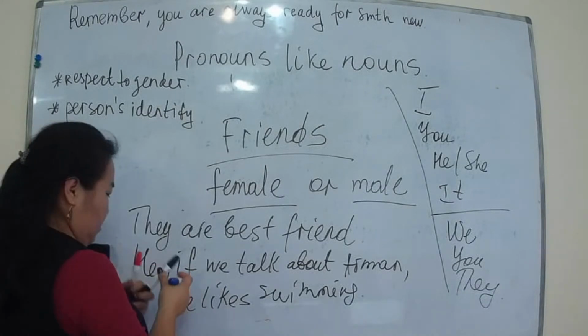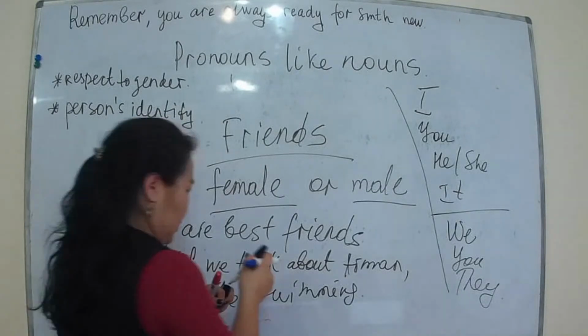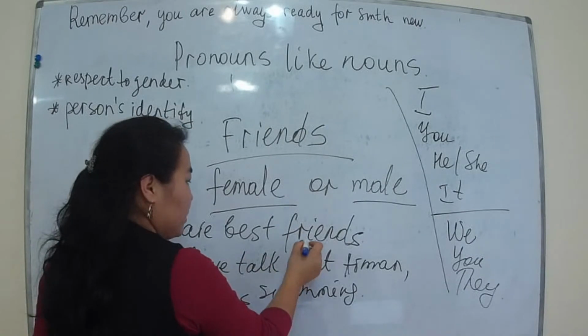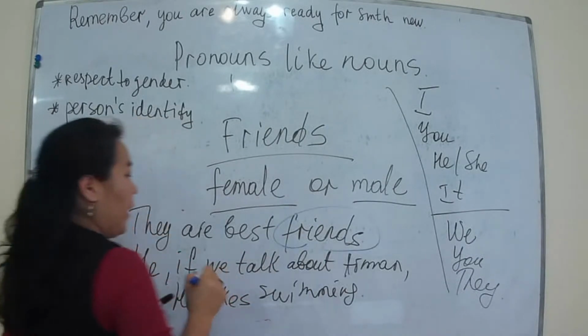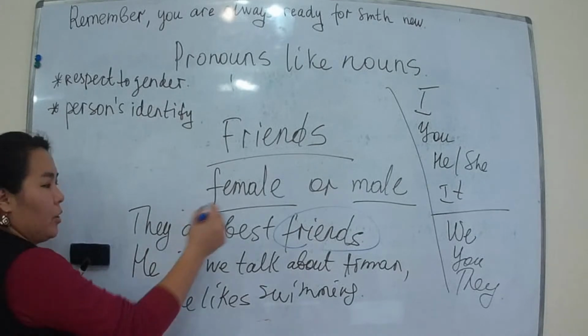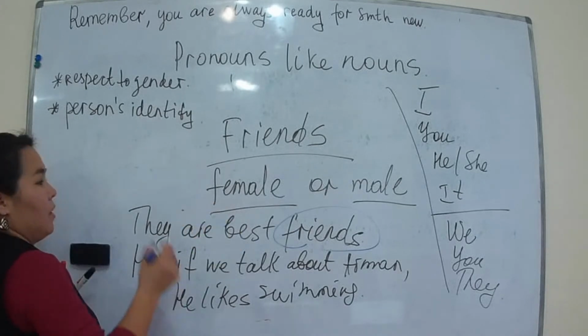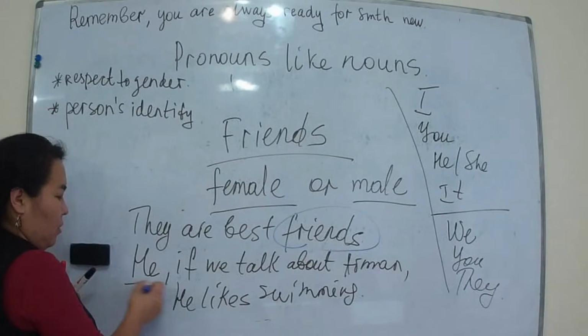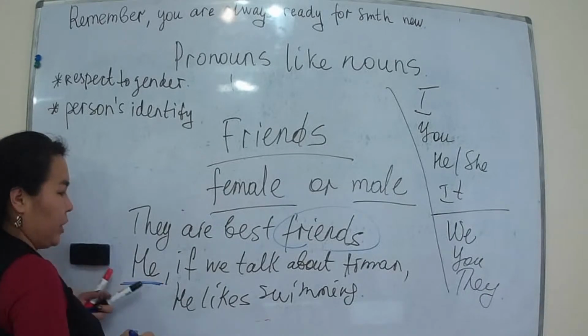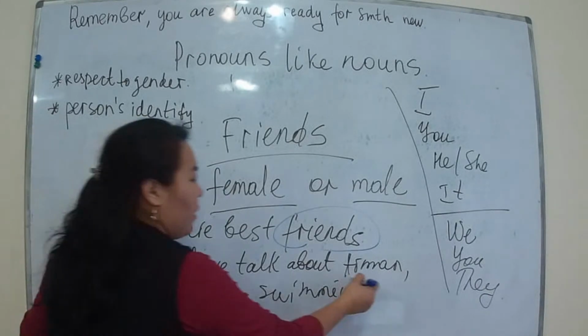We see that we have the noun friends, and in the next sentence we identify that one of the friends is a boy, and we use the pronoun he, Arman.